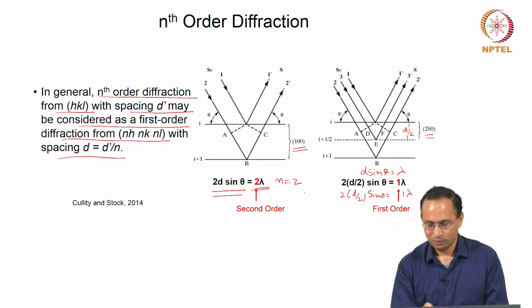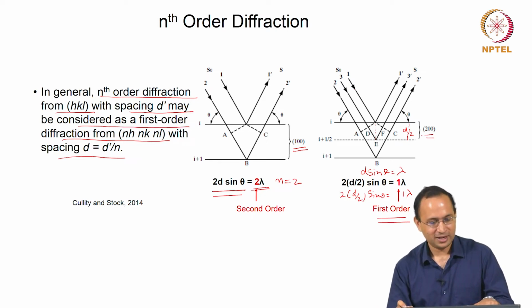So what can we see from here? So this is the first order, right. So what is written here? So in general, nth order diffraction from HKL with spacing d dash may be considered as first order diffraction from nh, nk, nl.